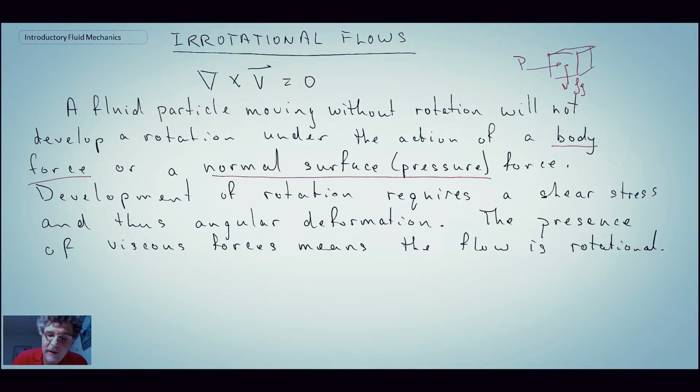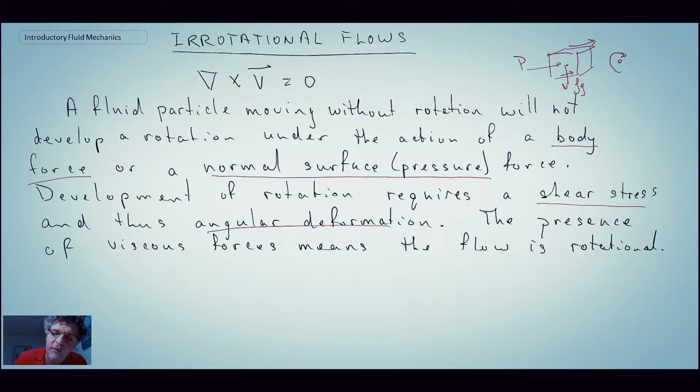The only way that it will start to rotate is if it has angular deformation and shear stress. So what that means is that there has to be differential shear from the top to the bottom, and that will start a rotation of the fluid. And how do we get that?